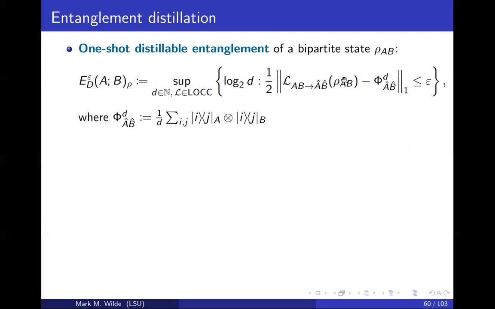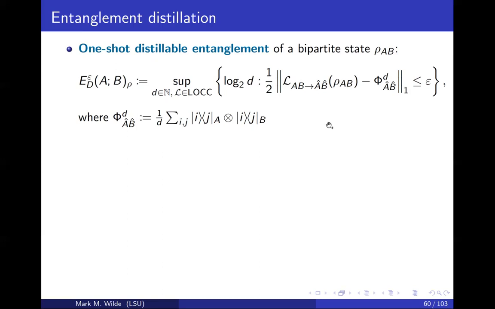What we do is we take this bipartite state, act with an LOCC channel, and try to get an output state that's epsilon close to an ideal d-dimensional maximally entangled state. Okay, and so we're just trying to optimize the number d. We're trying to make d as large as possible.